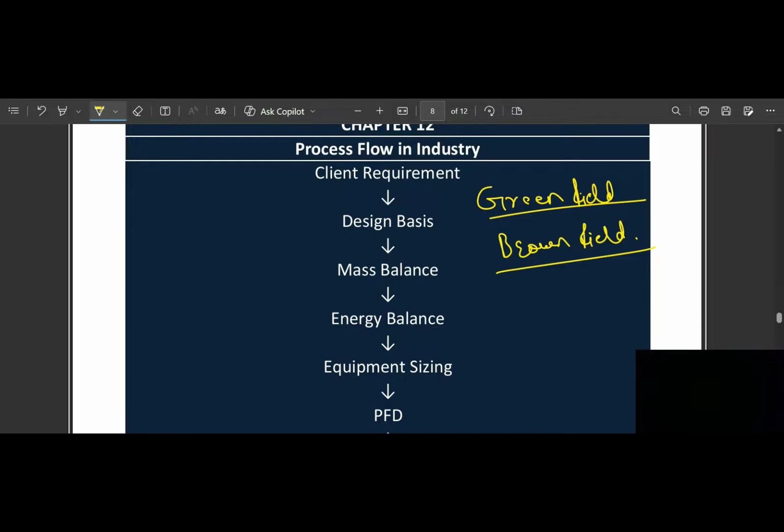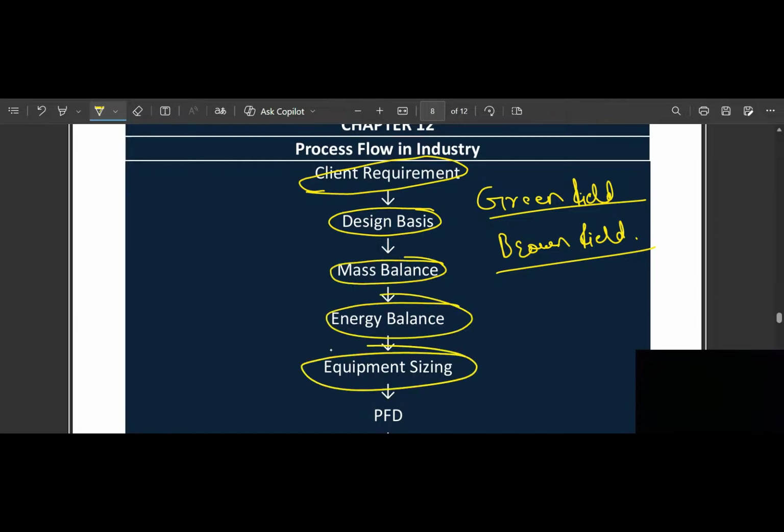And brownfield means what? Mostly it is an expansion. One industry is already there and they want to expand it. So that is brownfield. Whether you want to expand or want a new project, the client will provide the design basis. After that, you need to prepare mass balance, energy balance, and equipment sizing.